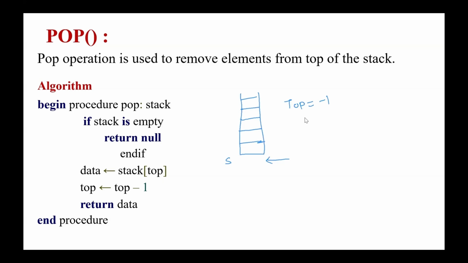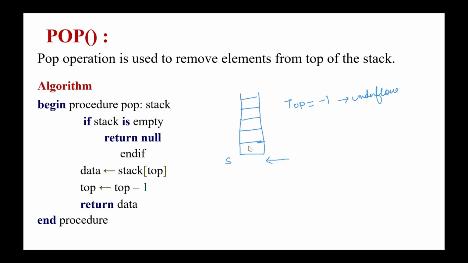If top equals -1, it means there is no element present inside the stack and we cannot retrieve or perform the pop operation. Such a situation we call underflow. This condition is the underflow condition.